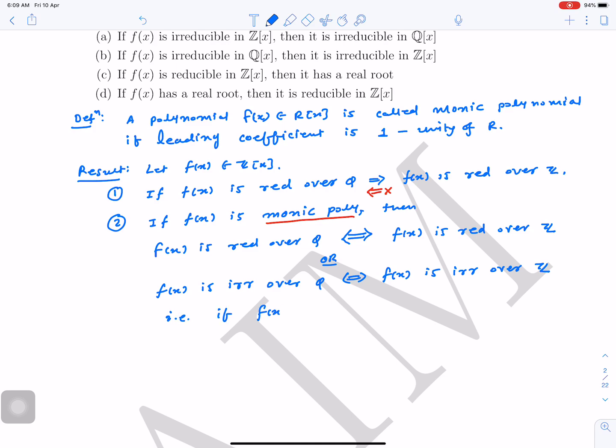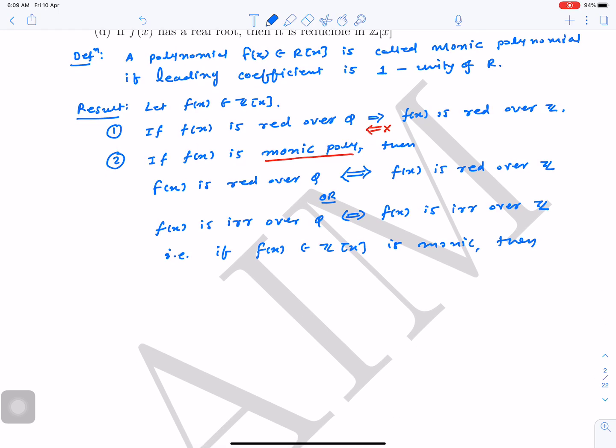So that is, in short, if f(x) belongs to Z[x] and is monic, then reducibility over Z is the same as reducibility over Q in some sense.